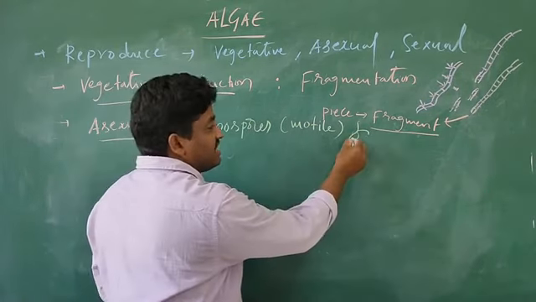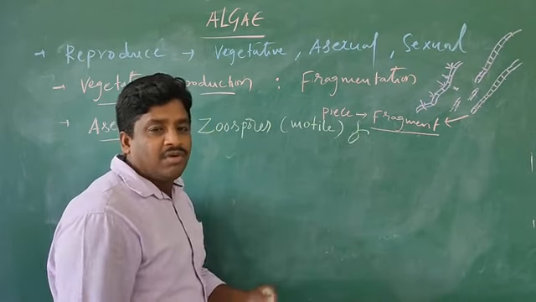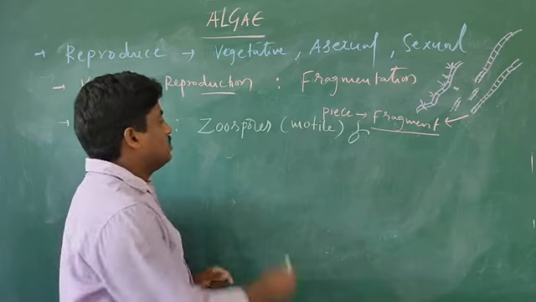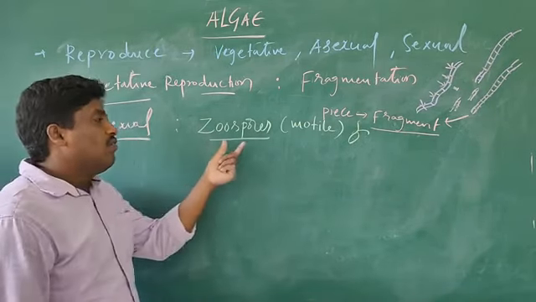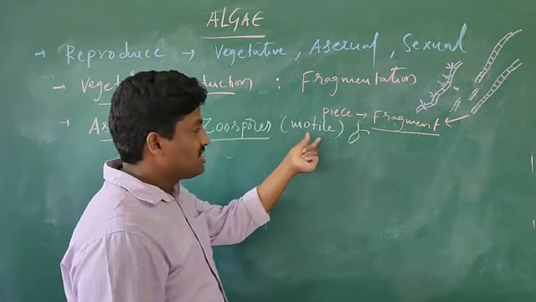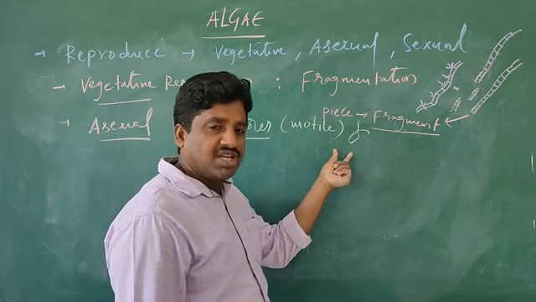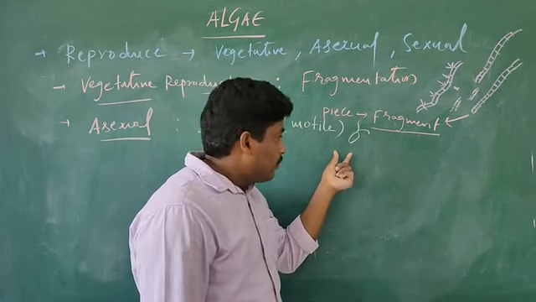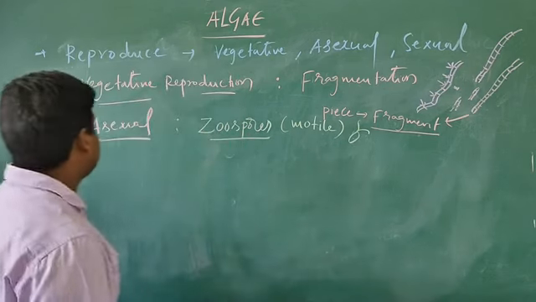The zoospore again germinates to form a new organism, a new algae, a new individual. So asexual reproduction is by the formation of zoospores, which are motile. These zoospores produce new algal organisms. That's it. Next.